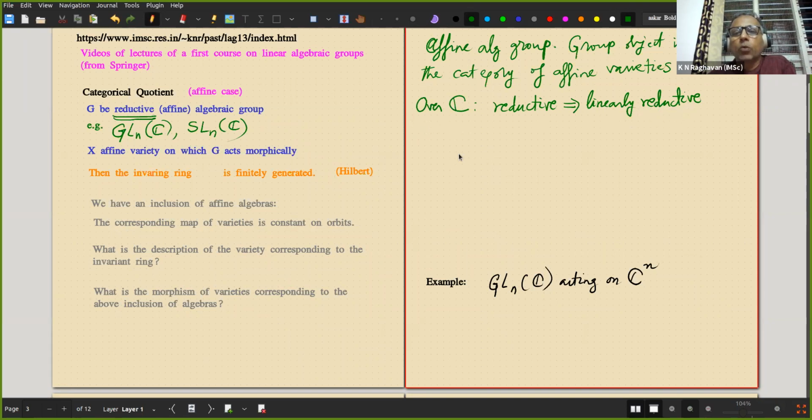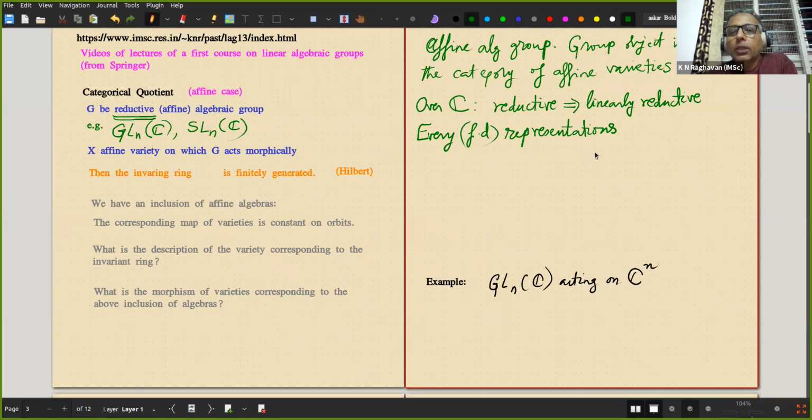Otherwise, I'll explain. What this means is that every, let's say, finite dimensional representation, meaning rational representation, I'll just say representation. It is understood that whenever we talk of representations, representation means what? It's a group homomorphism from G to GL(V), where V is some finite dimensional vector space.